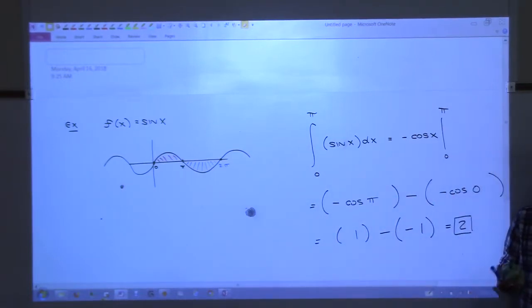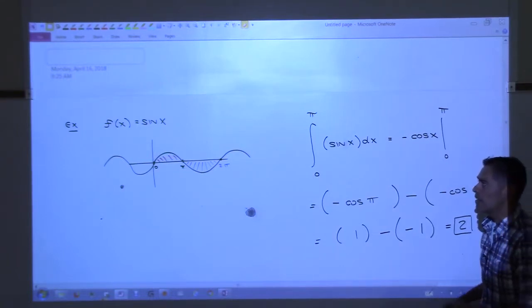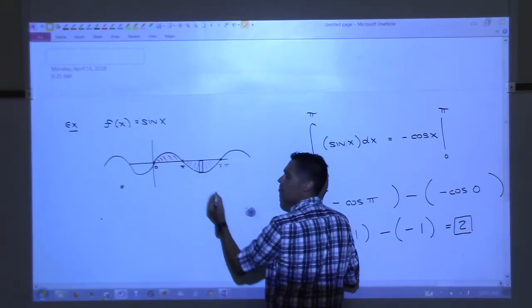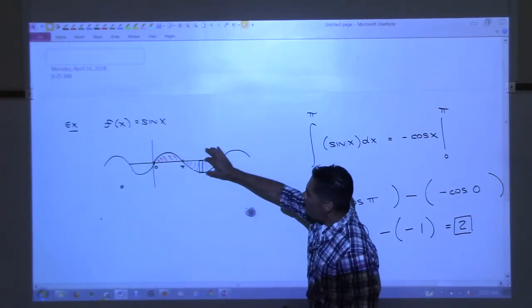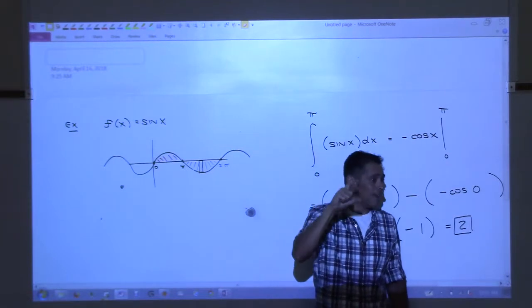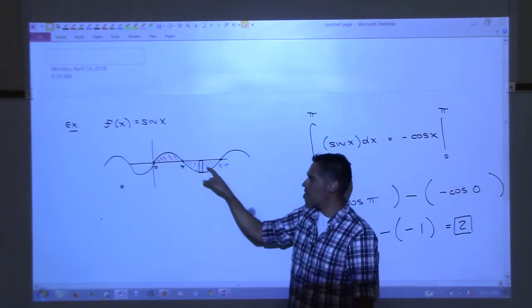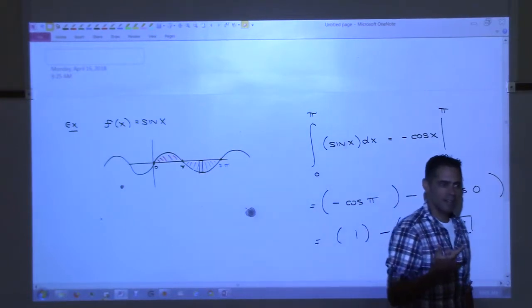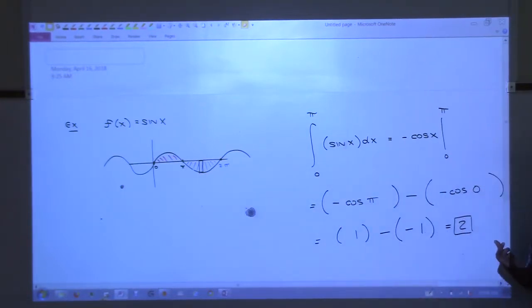But how can it be negative? Area is not negative. But think about how we calculated it with the Riemann sums. Weren't these little rectangles down here? And aren't the heights of the rectangles the function's value? And wouldn't the function's value here be negative? So wouldn't it be counting each area as negative? I'm thinking it's going to be 0.